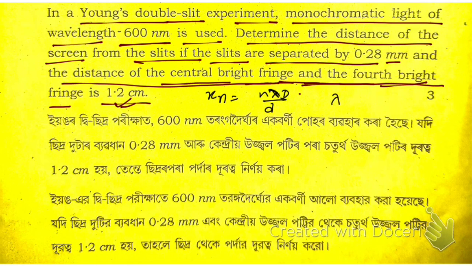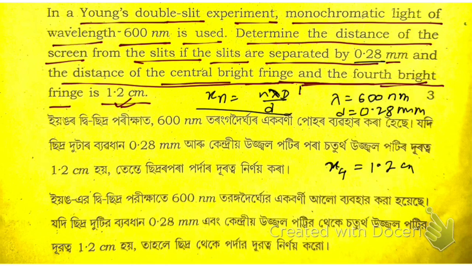We have lambda, that is 600 nanometer, and the slits are separated by 0.28, that means small d is equal to 0.28 mm. The distance of the fourth bright fringe, x4, from the central bright fringe is 1.2 centimeter. So we're going to use this formula to find x4.